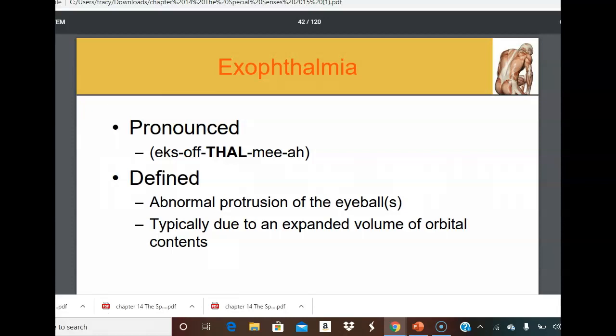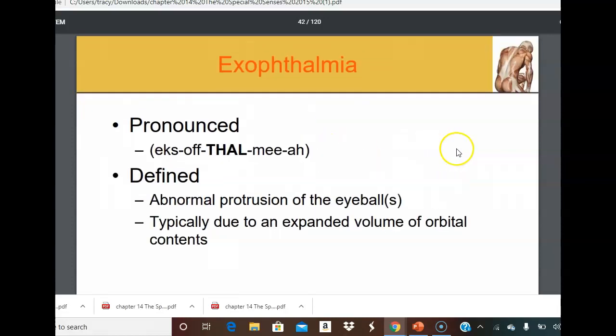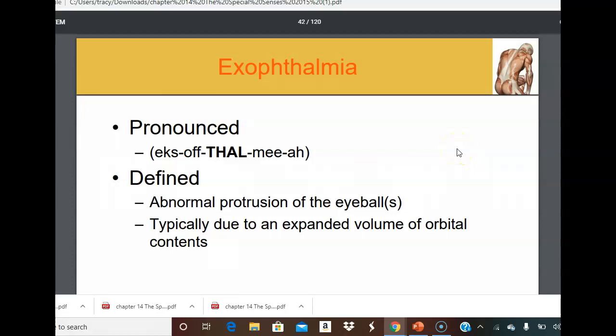So there are two other things that you'll see that you could get confused with. So ectropion is out, entropion is in. Okay. Now exophthalmia here, exo means out. Okay. Here we're referring to the eyes, and this is a condition of the eyes. So this is an actual protrusion of the eyeball itself.